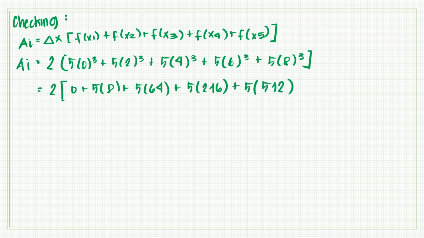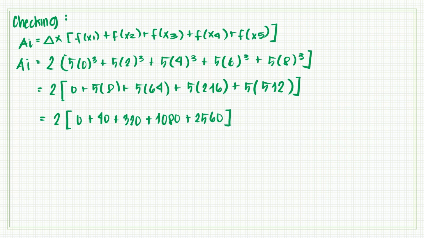4 raised to 3 times 5 is equal to 320. 6 raised to 3 is equal to 216 times 5 is equal to 1080. And 8 raised to 3 times 5 is equal to 2560.